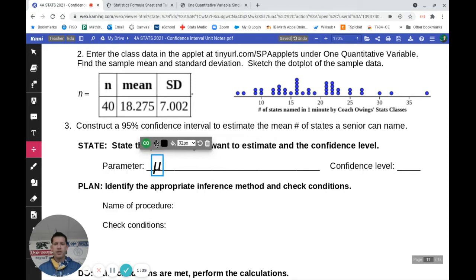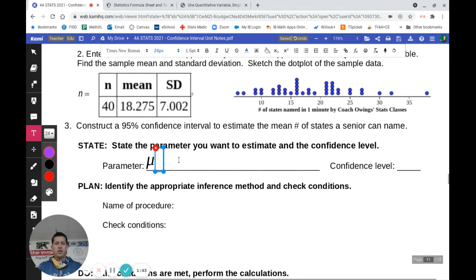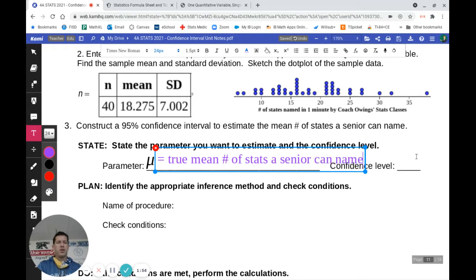And this mu is going to represent the true mean number of states a senior can name. And our confidence level that we're told right in number 3 above is 95%.